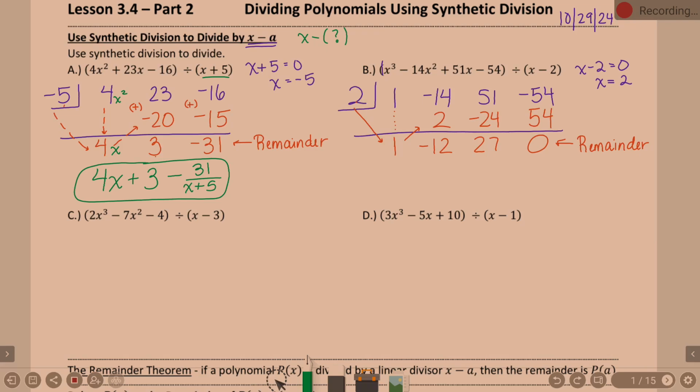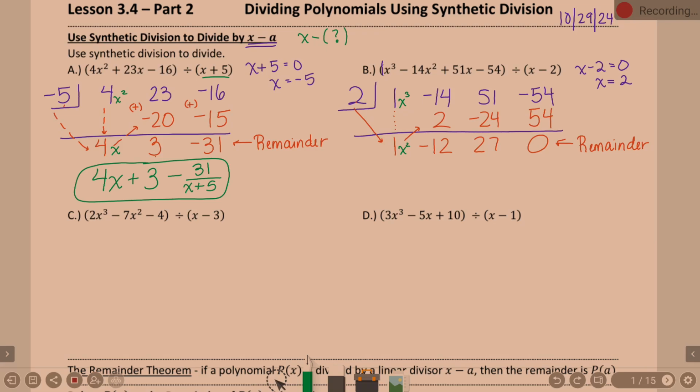Now, sometimes I feel like one of the hardest parts is how do we write our answer? What does this 1 right here represent? X squared. And why is it x squared this time? That 1 was originally an x to the third, yes? So if my original problem was x to the third, I divide by x, this is now an x squared, right?